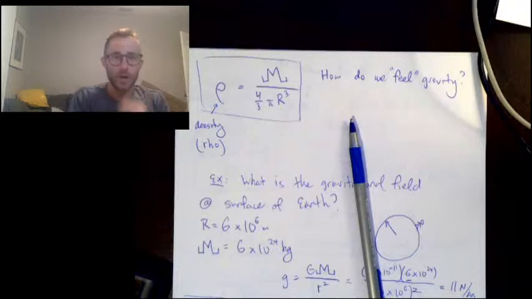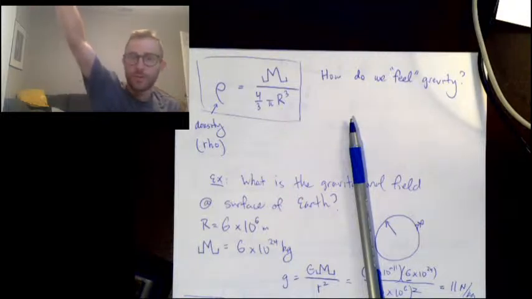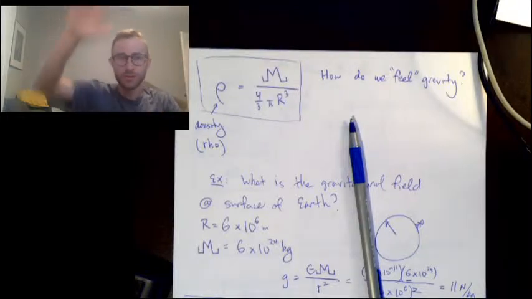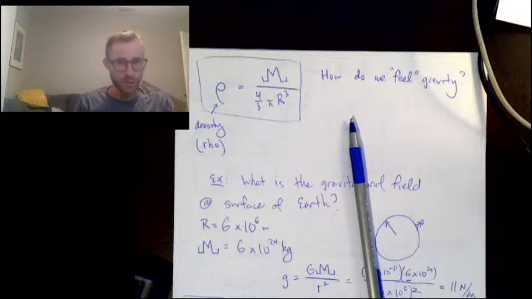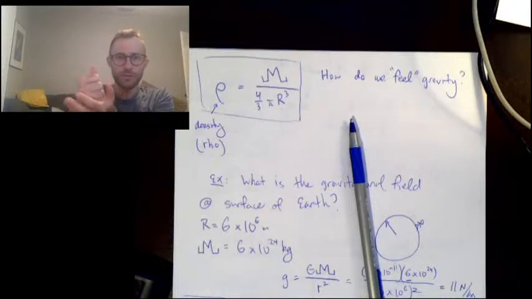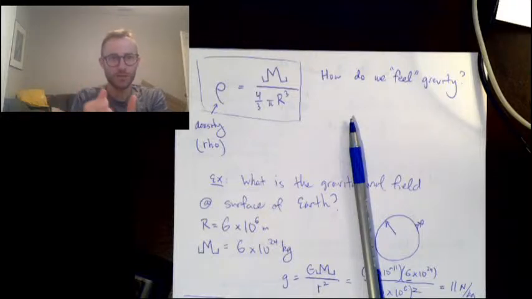But what if I dropped you from outer space, and you start to fall towards the Earth? Are you going to feel gravity? No, you're going to feel weightless. Why is that? Gravity is working on you, it's accelerating you, but because you're not pinned against a surface, you're not going to feel the gravity. This is what's happening to astronauts in orbit. They feel weightless, not because there's no gravity, but because they're not being pinned against the ground.